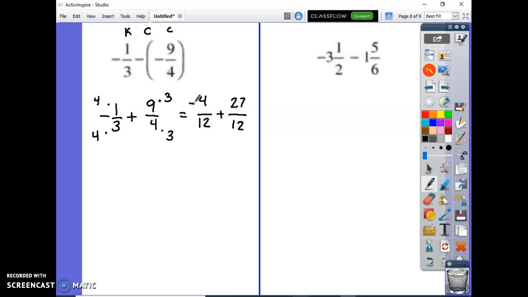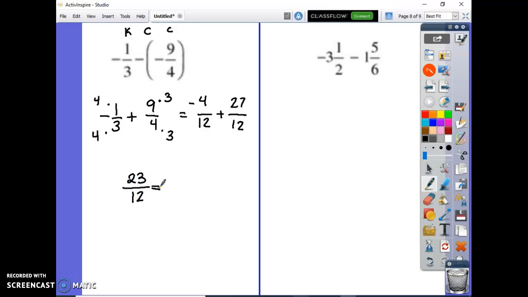Now we have a negative fraction and a positive fraction, so we're going to subtract and keep the sign of the bigger number. So 27 minus 4 is actually going to be 23/12. My bigger number is 27/12, which is positive, so my answer is going to be a positive number.